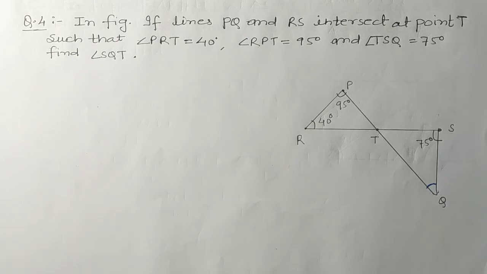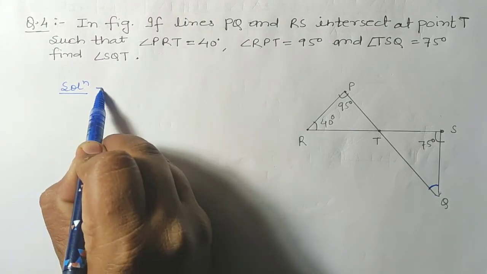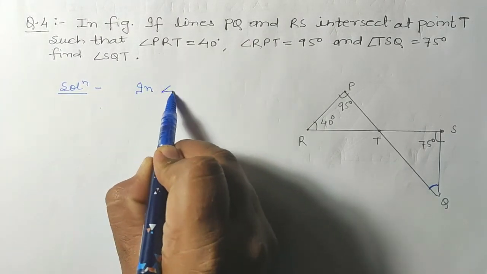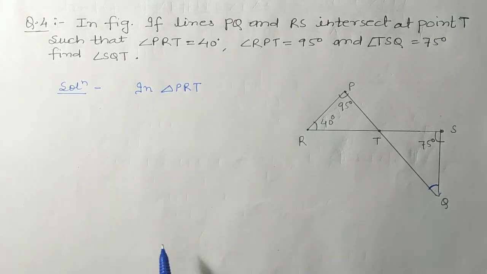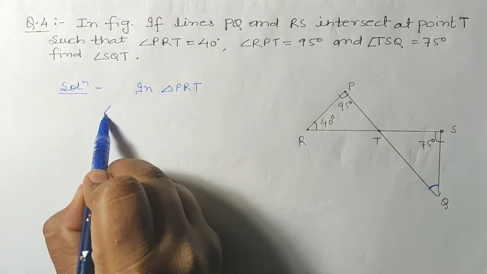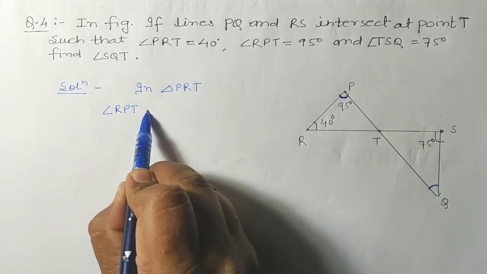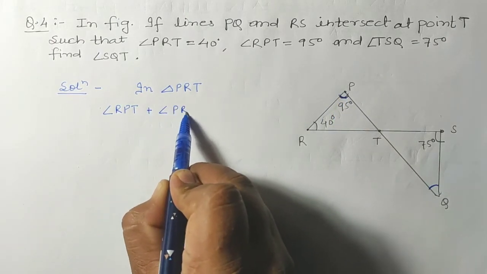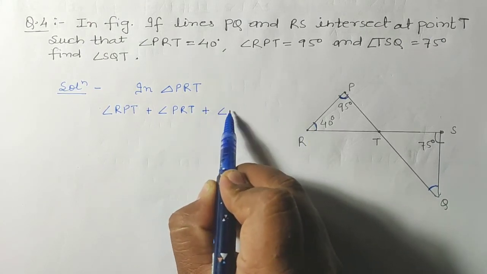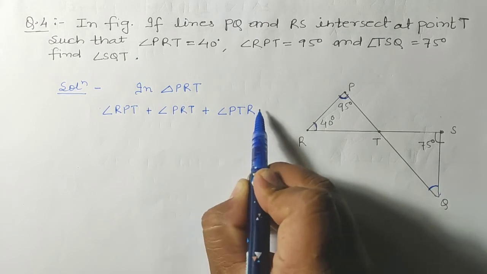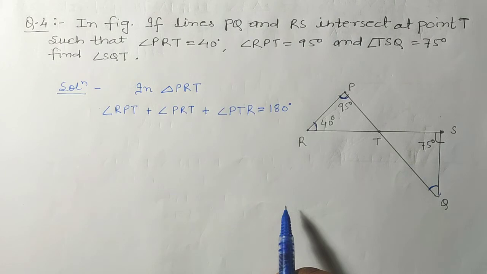How we'll find it? Let us see. Firstly, in the solution, in triangle PRT, angle RPT, this angle, plus angle PRT, this angle, plus angle PTR, the sum of all these angles of a triangle should be equal to 180 degree.